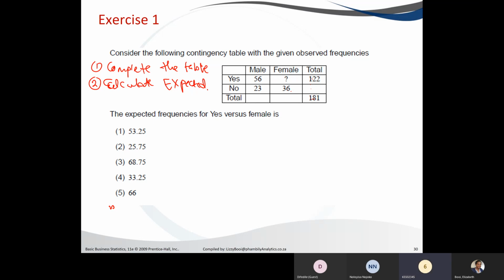For female is 66. And total for no. For no, it's 59. And total for male.